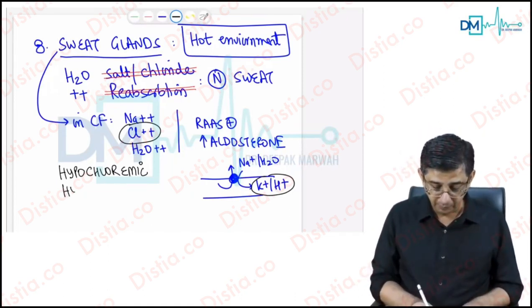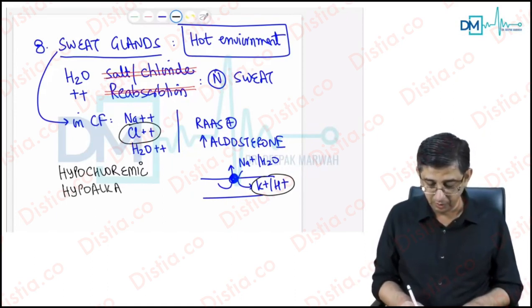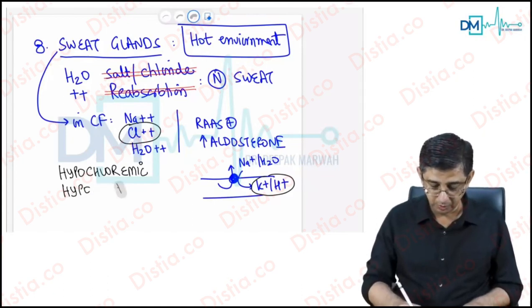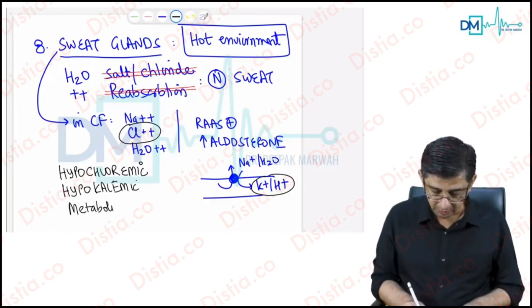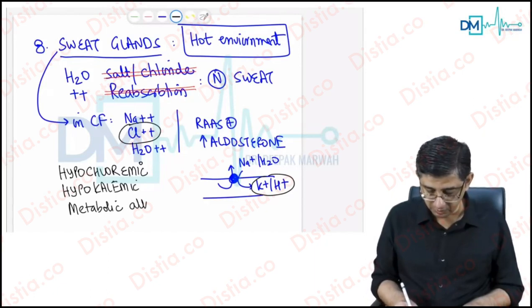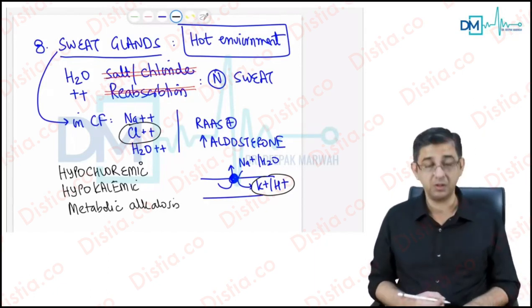The secondary hyperaldosteronism that occurs in this patient will result in development of hypokalemic, the exaggerated urinary loss of potassium, metabolic alkalosis.